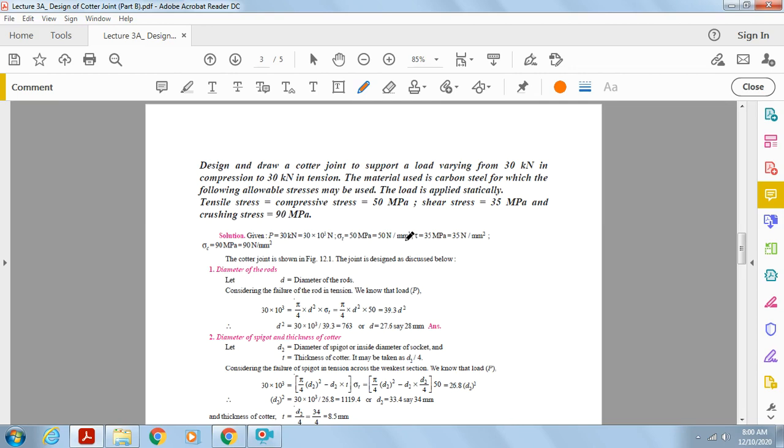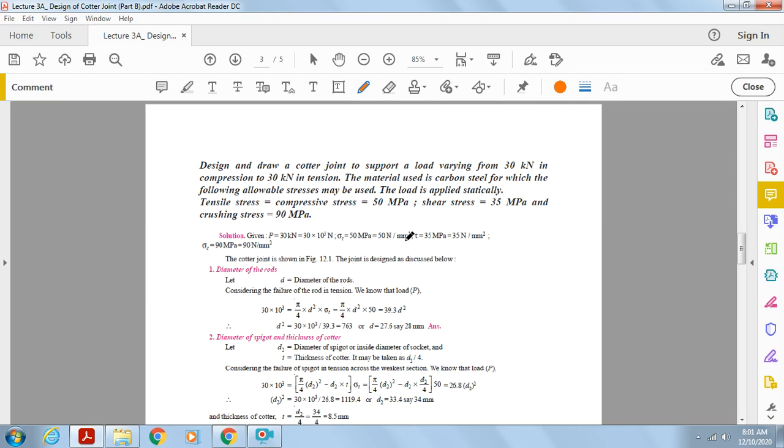For the carbon steel material, the allowable stress values are given: tensile stress equal to compressive stress, that is 50 MPa, or 50 Newton per millimeter square. Shear stress is 35 MPa and crushing stress is 90 MPa. These are all the information given, so based on that we have to design the cotter joint.